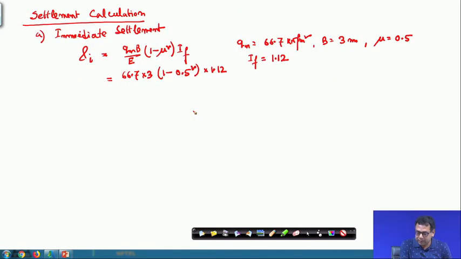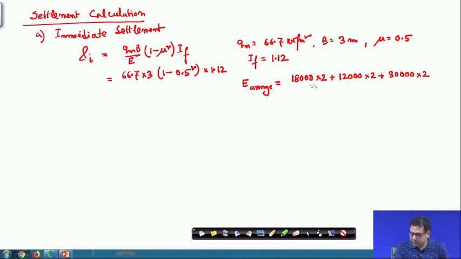So, E average will be equal to, first layer E value is 18,000 kilonewton per meter square, thickness is 2 meter, plus 12,000, again thickness is 2 meter, plus 30,000, again thickness is 2 meter, divided by 6, and that is equal to 20,000 kilonewton per meter square.